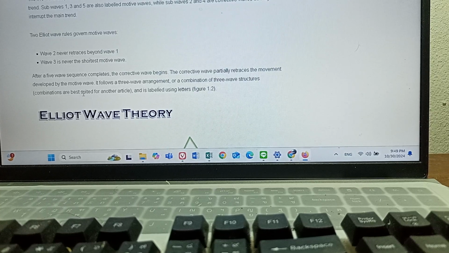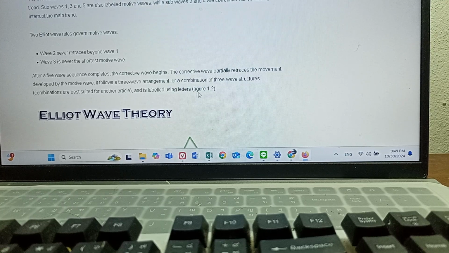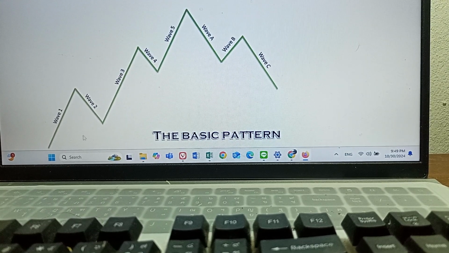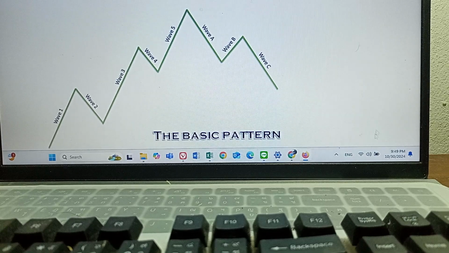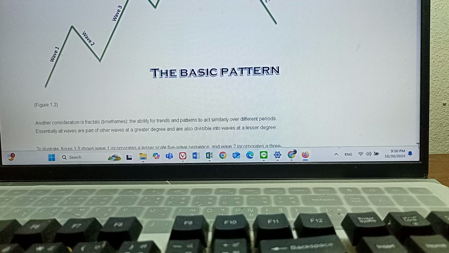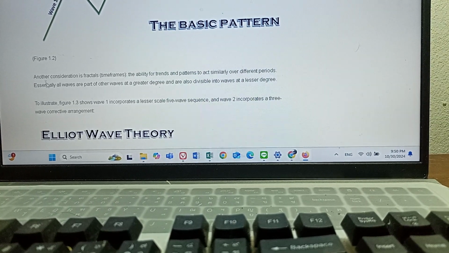Combinations are best suited for another article and are labeled later in figure 1.2. Elliott Wave theory. Wave 1, Wave 2, Wave 3, Wave 4, Wave 5, Wave A, Wave B, Wave C. The basic pattern. Figure 1.2.